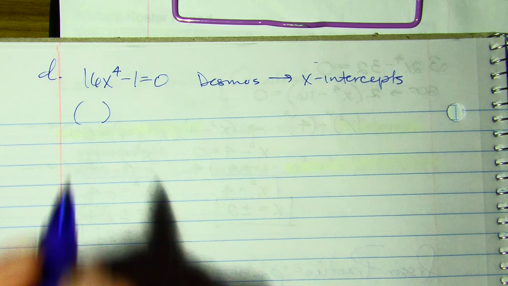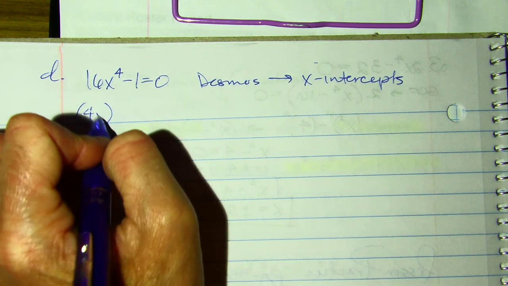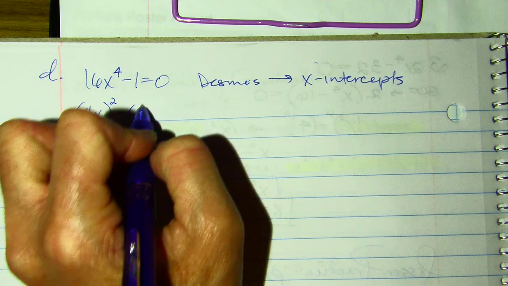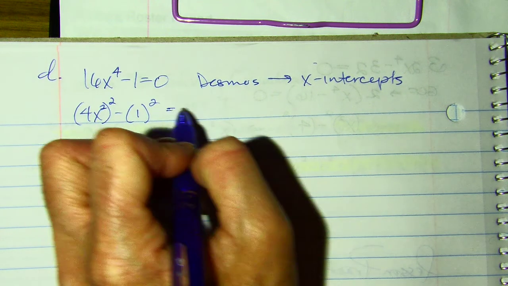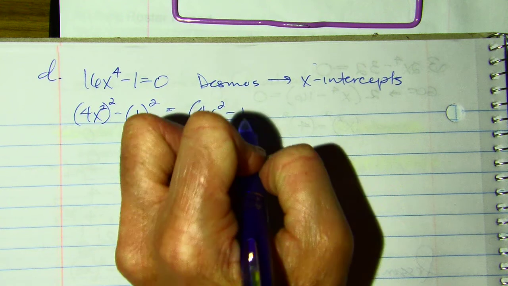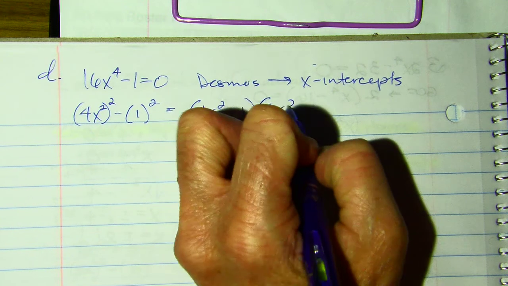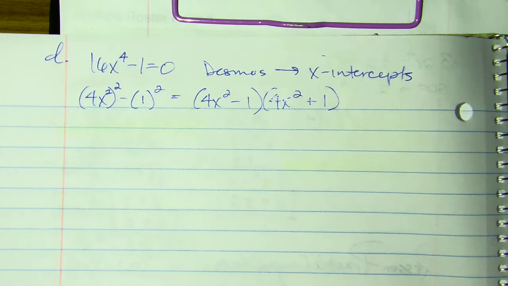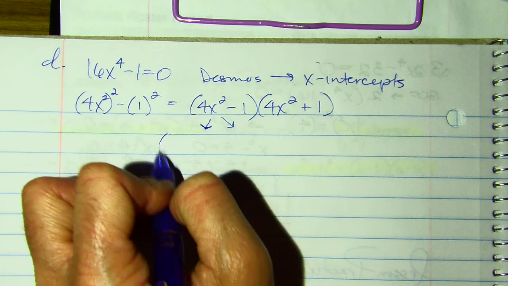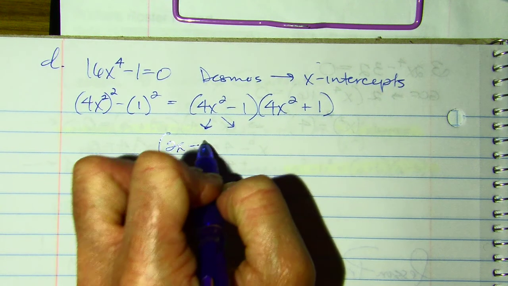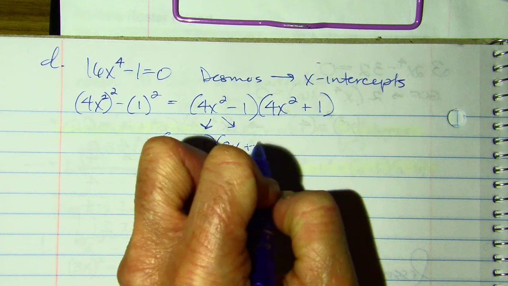Oh no, we didn't. So this would be 4x squared, and this would be 1 squared. That would give me 4x squared minus 1 and 4x squared plus 1. And then I could factor the first again to be 2x minus 1 and 2x plus 1.